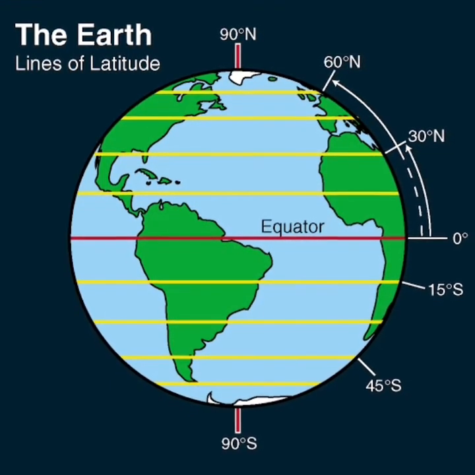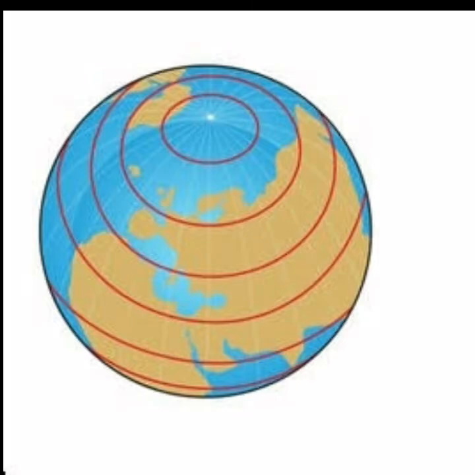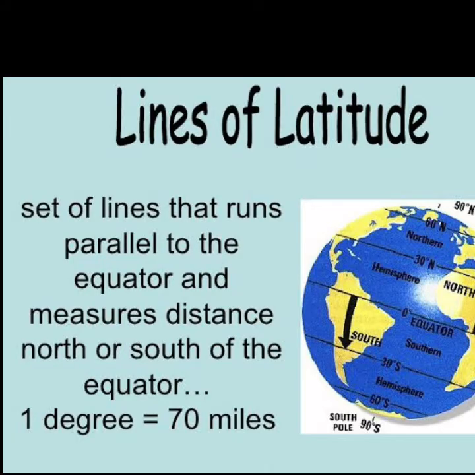The equator is the longest latitude. All other latitudes are small circles parallel to the equator, drawn at an interval of 1 degree. The latitude of the equator is supposed to be 0 degree.